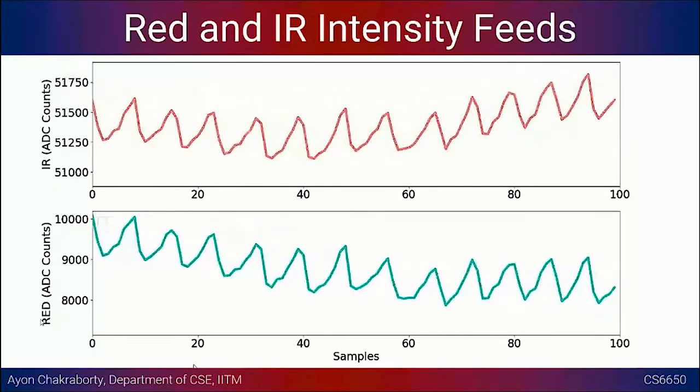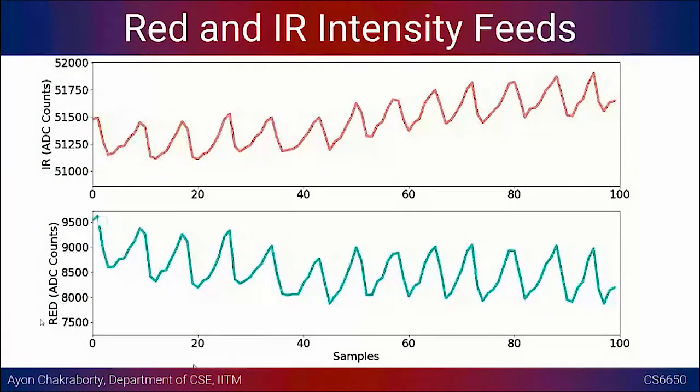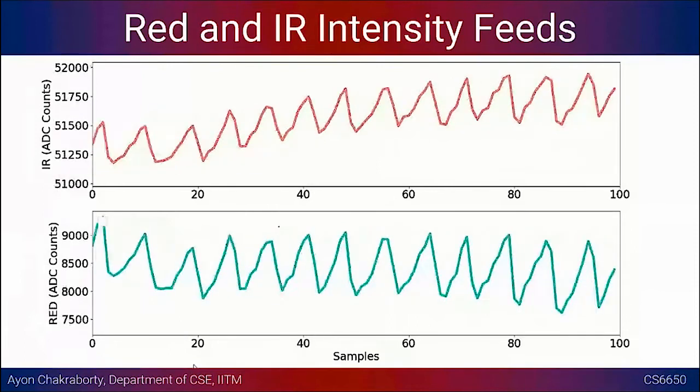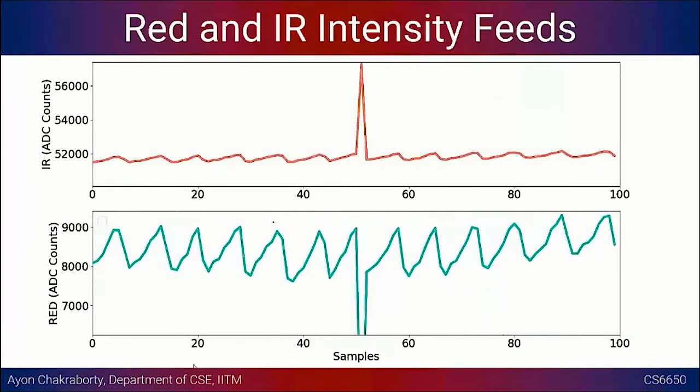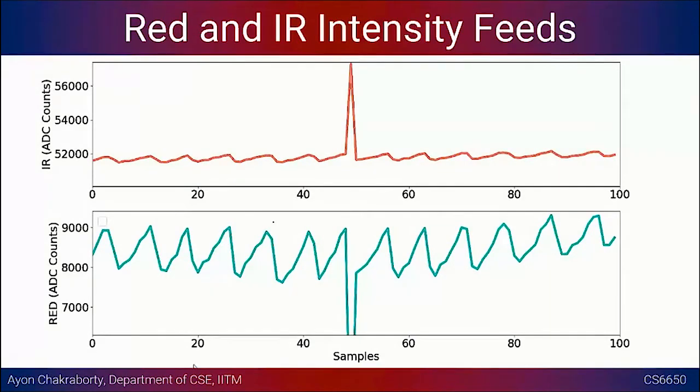So it's just a matter of scale, but whenever you are trying to compare these two, because when you try to figure out the SpO2, you have to deal with the ratio and so on, in those cases you have to make sure that you are taking into account their individual fluctuations and their DC offsets also.